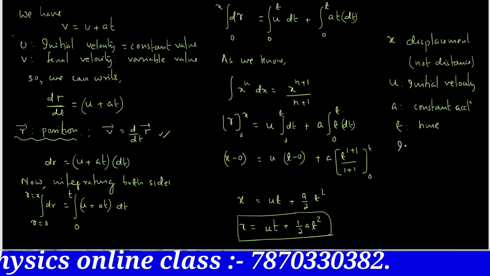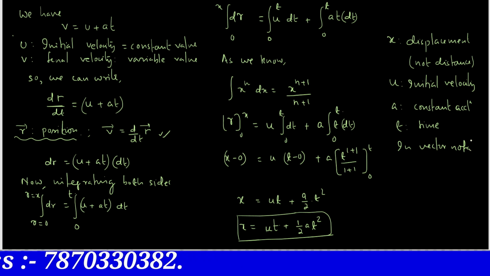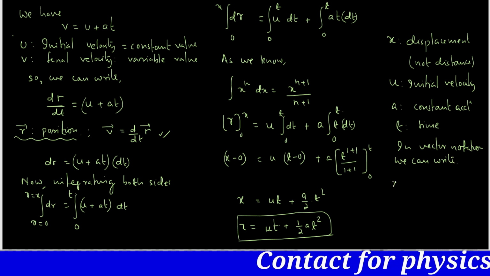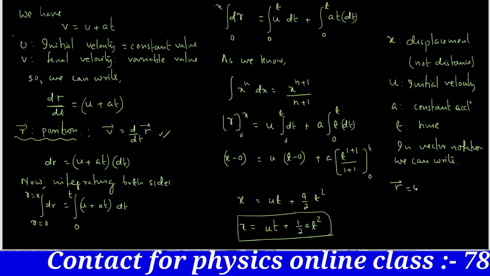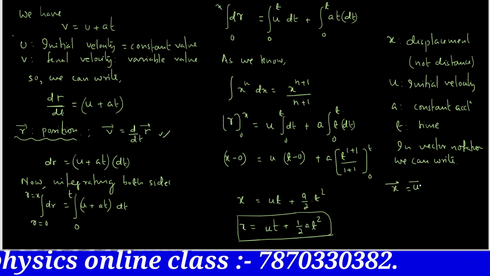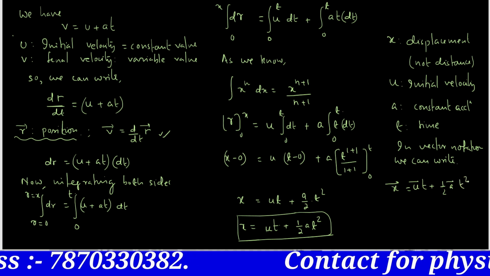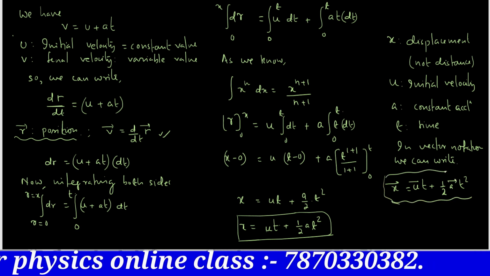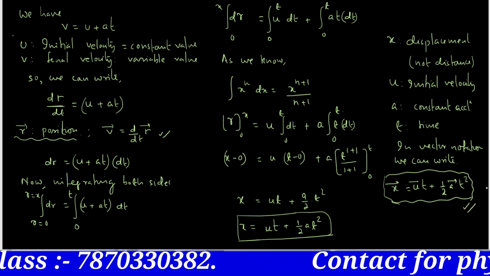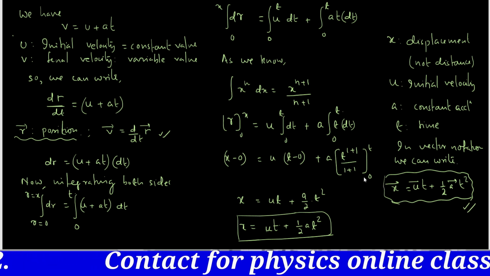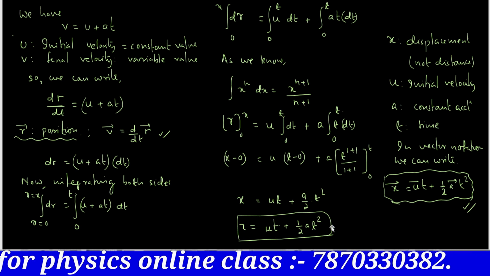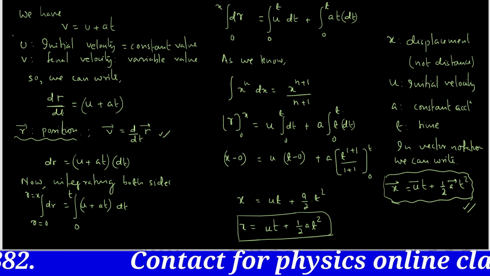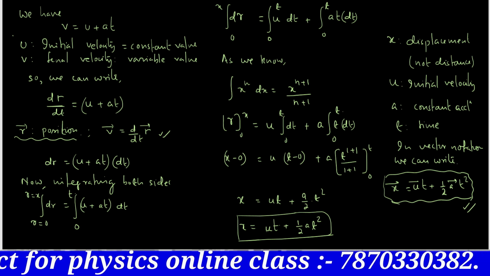T is time. In vector notation, we can write r vector simply as r equals ut, and you can write this x also. x will be equal to ut plus half a vector into t squared. In general, we usually write x equals ut plus half a t squared. And in your book it was written in the form s equals ut plus half a t squared.